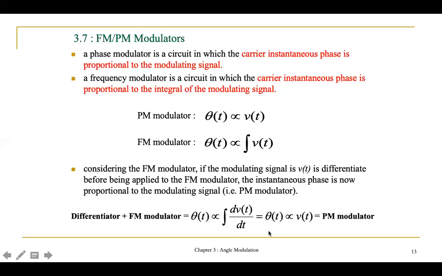The result is theta t directly proportional to Vt, and you can see that this statement is the same as the one in the PM modulator. In conclusion, if you have an FM modulator and you add a differentiator, you will have a system which acts as a PM modulator instead.